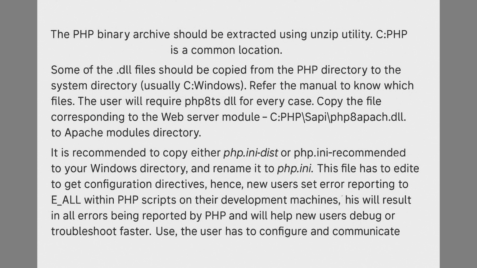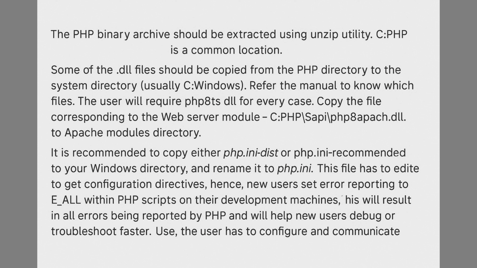It's important to refer to the official PHP manual to check exactly which DLL files are required for your setup. In most cases, you will need the php8.dll file. Additionally, you must copy the file corresponding to the web server module, typically found at C:\php\sapi\apache, and place it into the Apache modules directory.